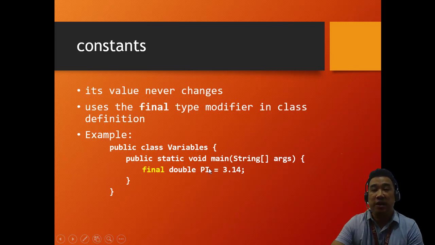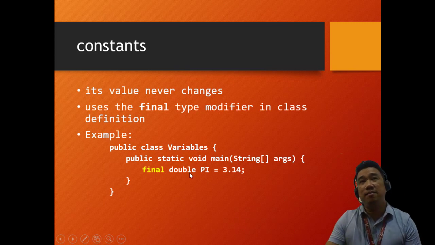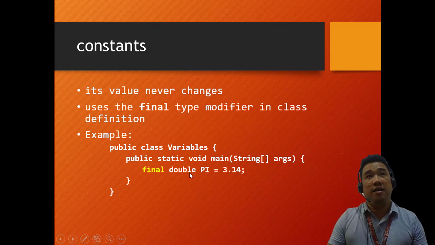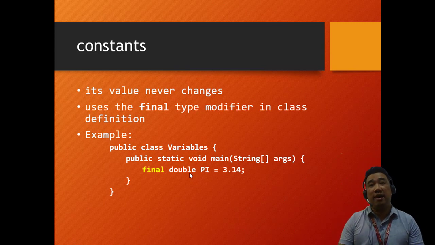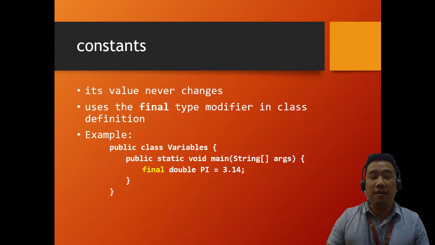So meaning to say, hindi na natin pwede i-change ang value ng pi. Okay, klaro? So there are some variables guys na pwede madapat mo i-constant para to avoid future change ang aton nga data inside the variables.